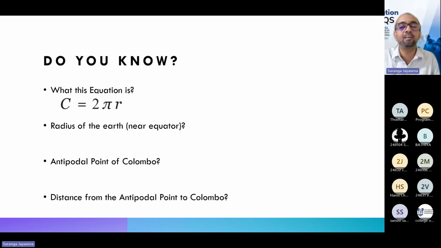Yeah, and how it is recorded, there are different ways, because the radius is not always the same for different places. So the agreed radius is given as 6,378.